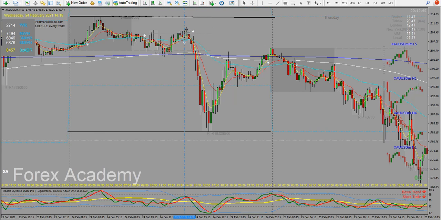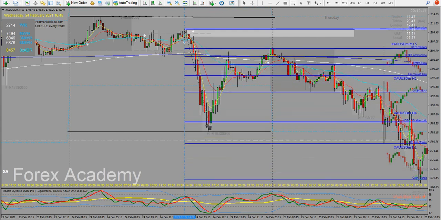Here's the order block, and then the high of New York Open. Here's the high of New York Open. Where do we put our Fibonacci? From the high to the low, because we are bearish. This is how I place my Fibonacci.